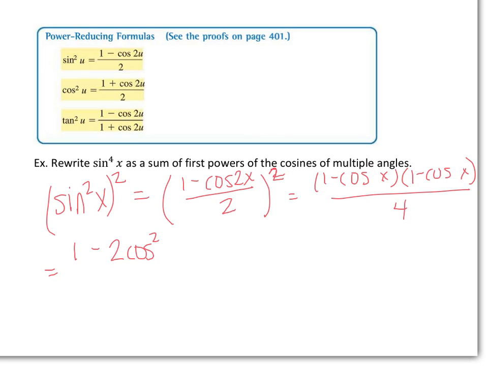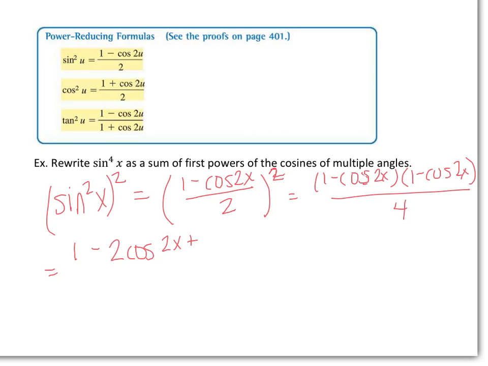Let's fix that. These are big 2's. So that gives me cosine squared 2x plus, oh, I'm sorry, minus 2 cosine 2x. There were 2 of those like terms, add them together.